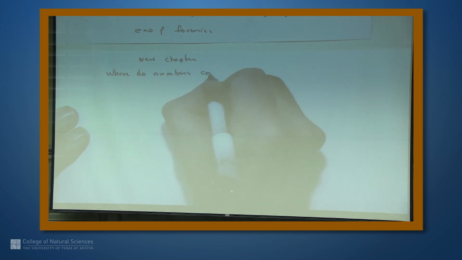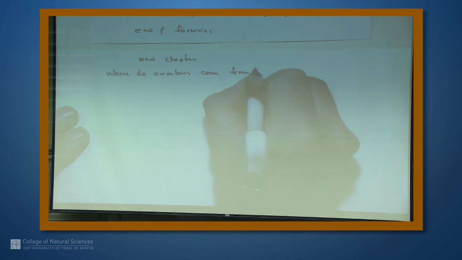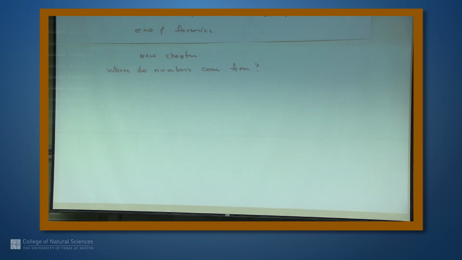So, the chapter is about where do numbers come from. You could devote a huge chunk of the course to this. I'm only going to touch on a few points. I want you to think about when you hear a number or read a number in the media, where did it come from?